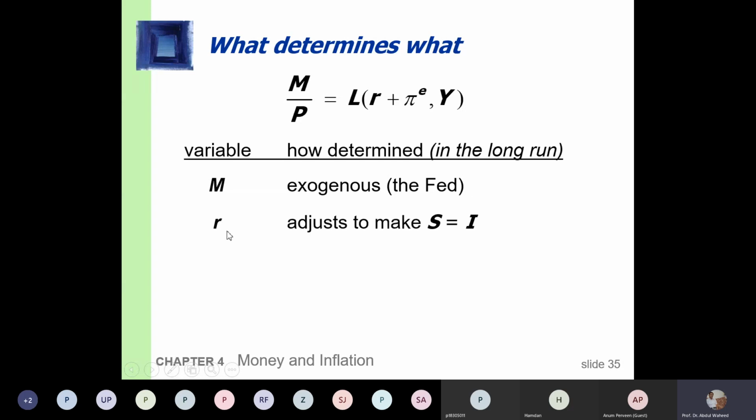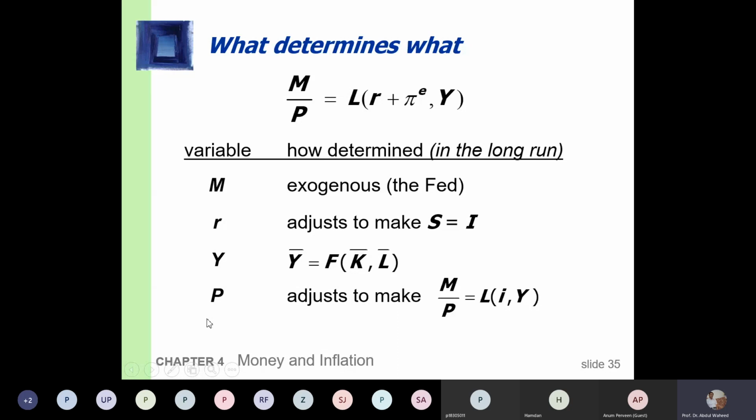The real interest rate would be determined by the loanable fund market through the supply of and demand for loanable funds, through saving and investment. And real output is determined by the factors of production and technology, so by capital, labor and technology.